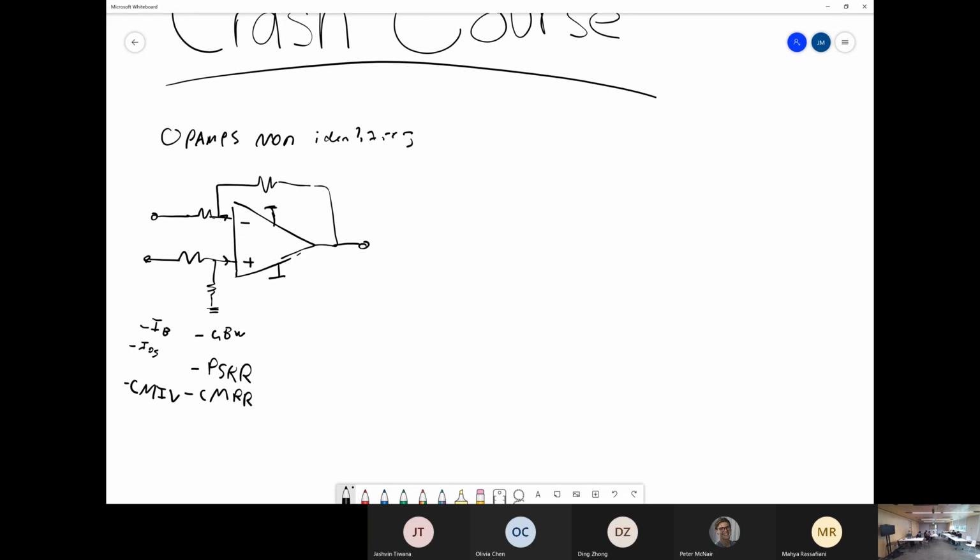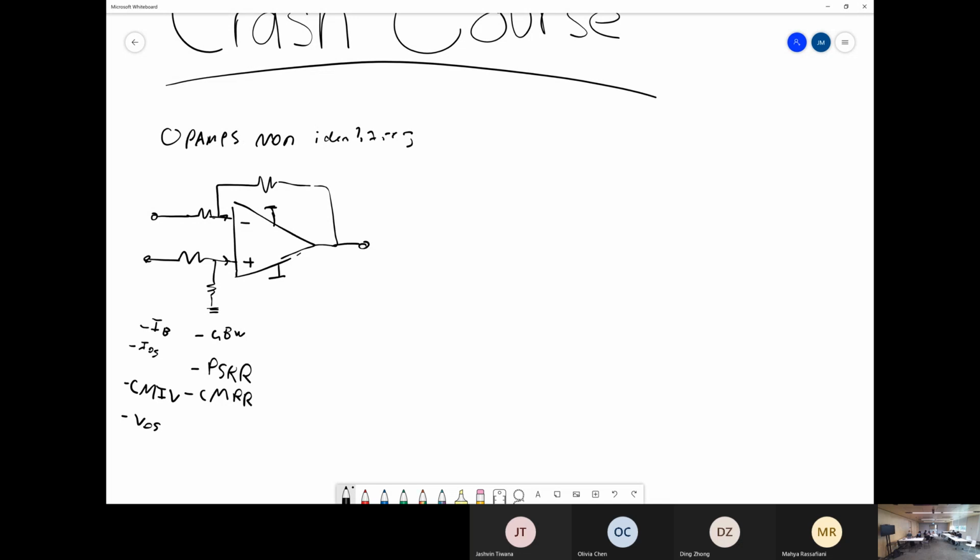You also have offset voltage, VOS. There'll be a little voltage source sitting inside the op-amp, not physically, but equivalently input referred. This small offset voltage will introduce an error in any of your amplification measurements.